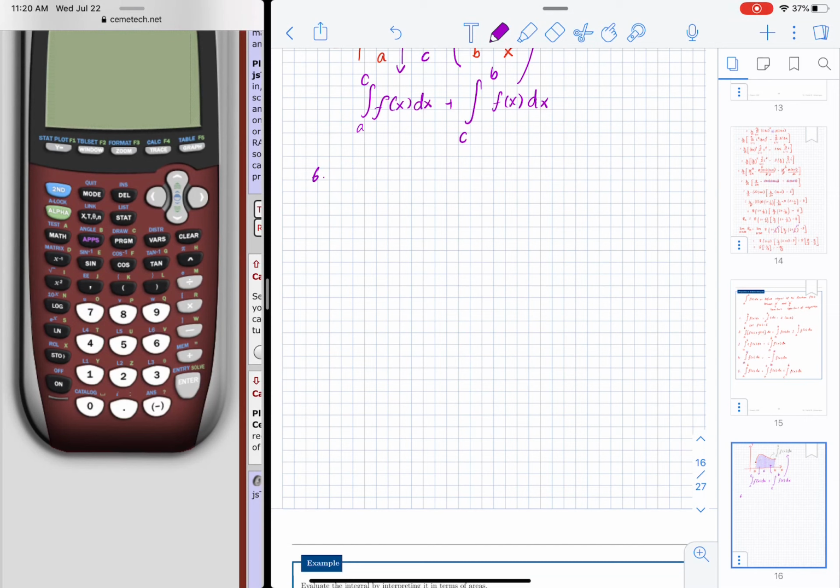What I'm going to write now are called comparison properties. Suppose f of x is greater than or equal to 0, i.e. the graph is above the x-axis. Then the integral from a to b of f of x dx must be positive.